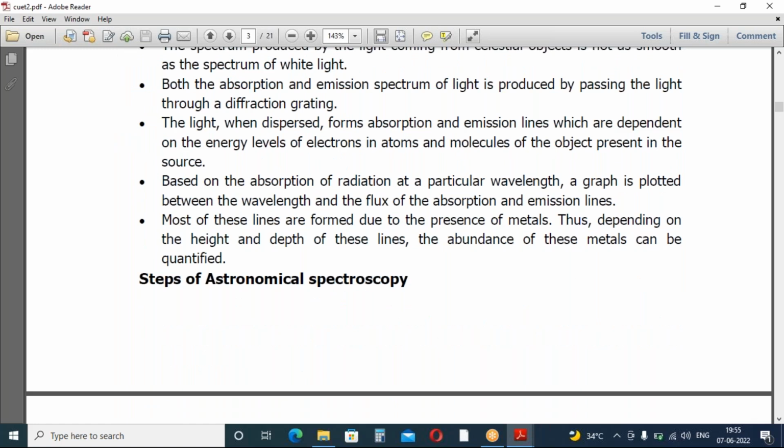Based on these energy levels of the atoms and molecules present in the object, we can determine which molecules are present, depending upon the particular wavelength and the absorption value of that component. Based on that we can draw the graph between wavelength and flux of absorption and emission lines.